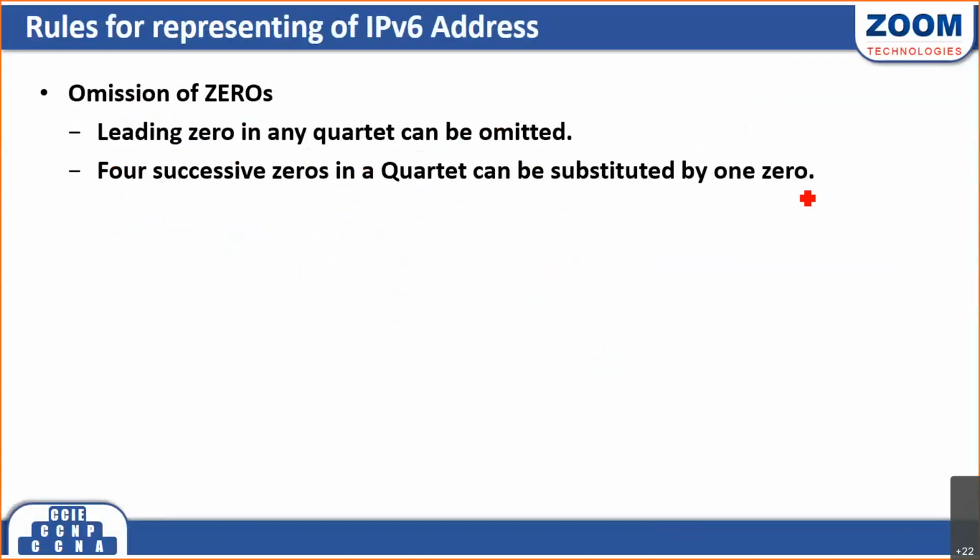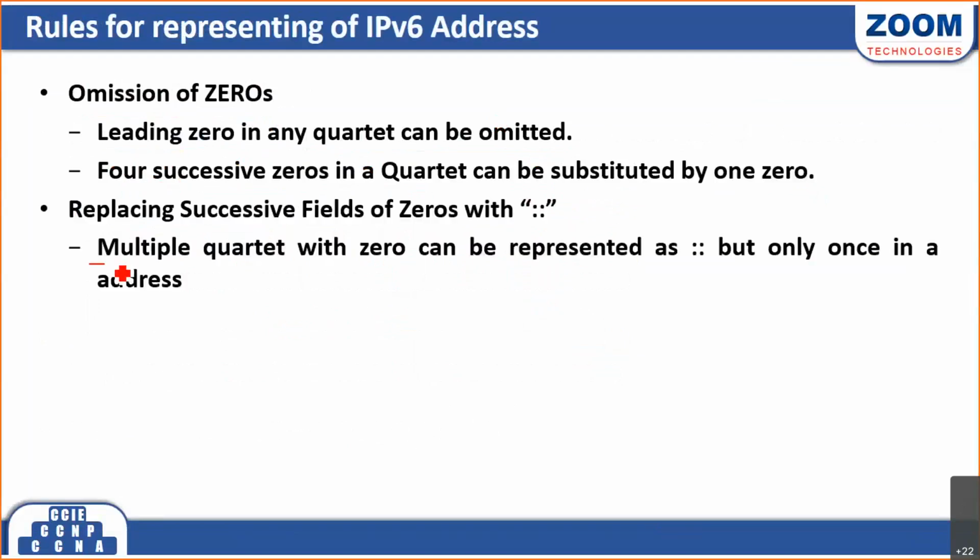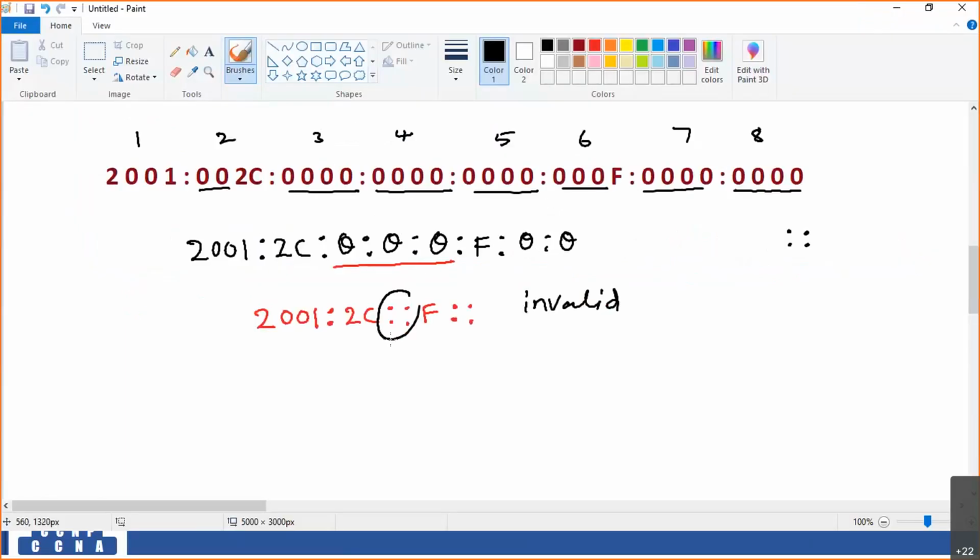Rule number 3, listen carefully: multiple quartets of zeros can be represented as a double colon, but only once in an address. So the double colon can be used only one time. Here we have used it 2 times, so your device will be confused. We have to represent it either in this place or in this area, only one area. That is why, if you use it multiple times, it is an invalid IPv6 address.